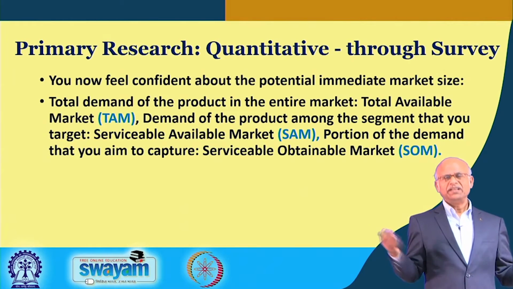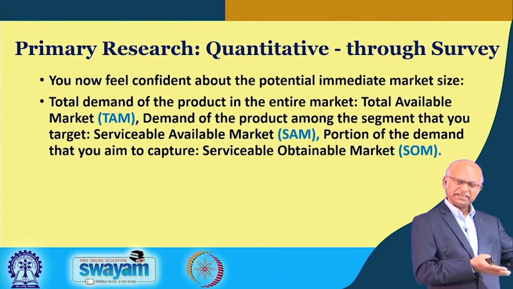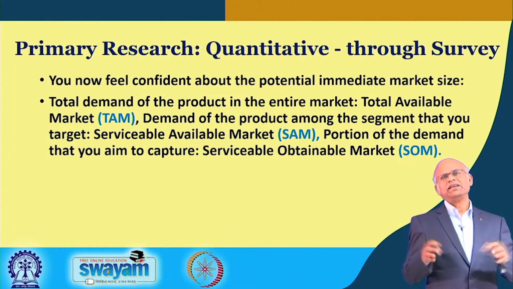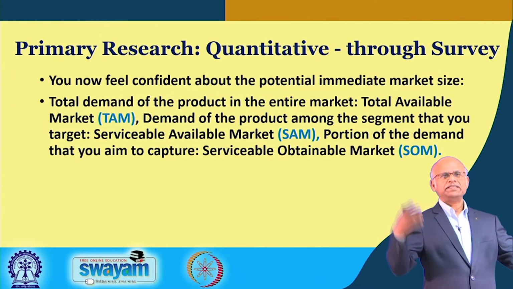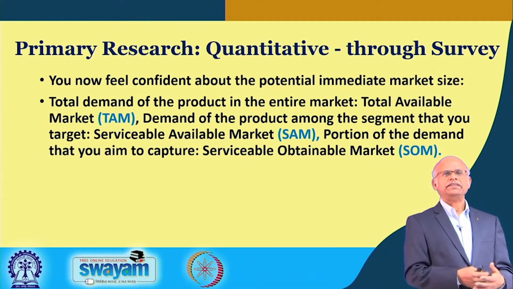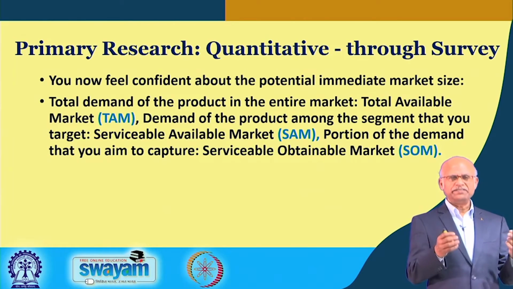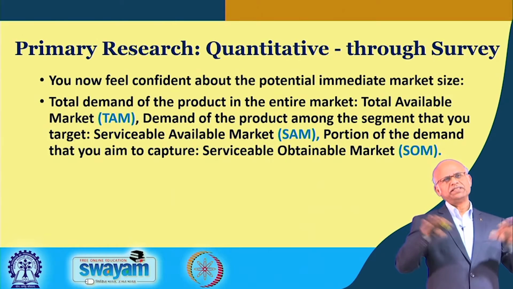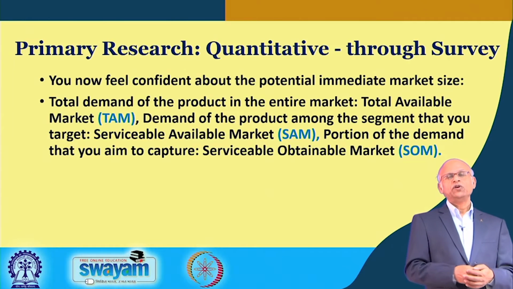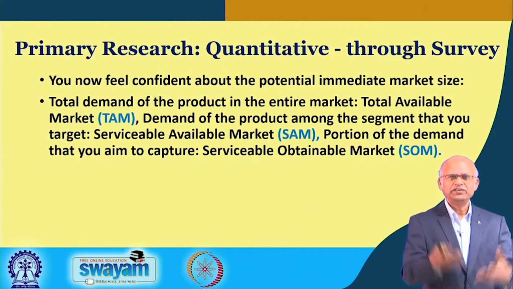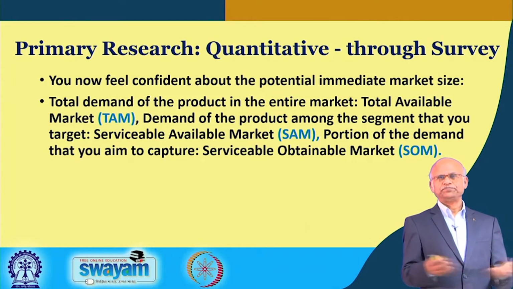In the country, if you have the data about the people within this income bracket, you can tell that this is the total available market in the country, but your target is a particular geographical area. If that area is some percentage of the entire country, multiply by that percentage and you have the serviceable available market. Now, out of them, those who are immediately willing to buy are your serviceable obtainable market.